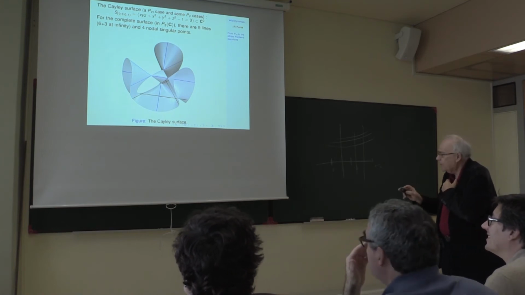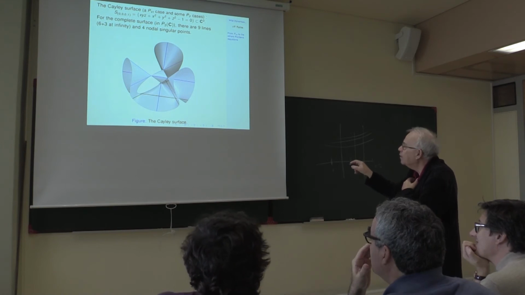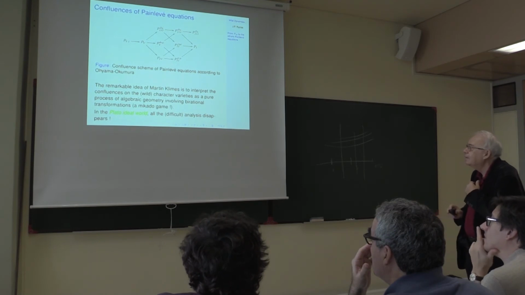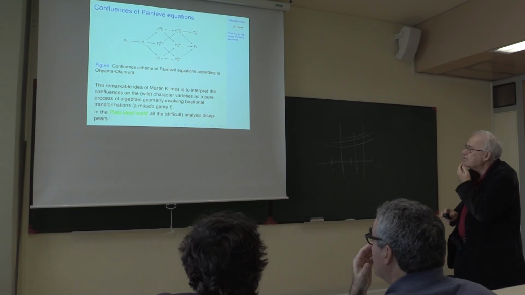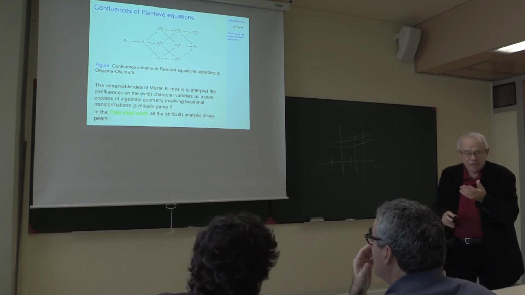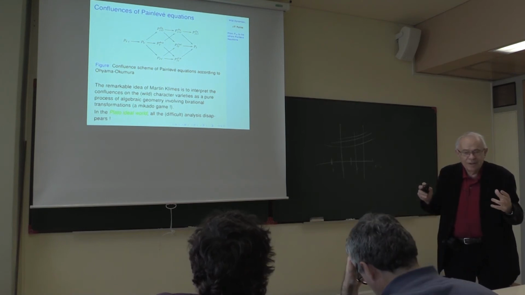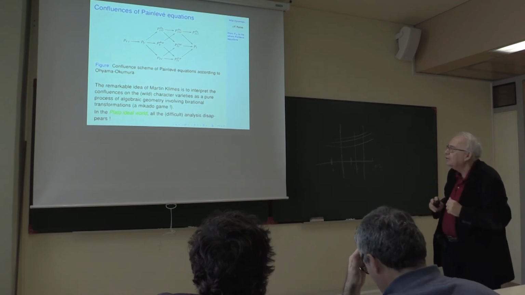So typically, you have 4 A1 singularities. Okay, so this is the confluence scheme of Painlevé equations. It's not the original confluence scheme of Painlevé-Okamoto, but a refined confluence scheme using the refined description of the family.